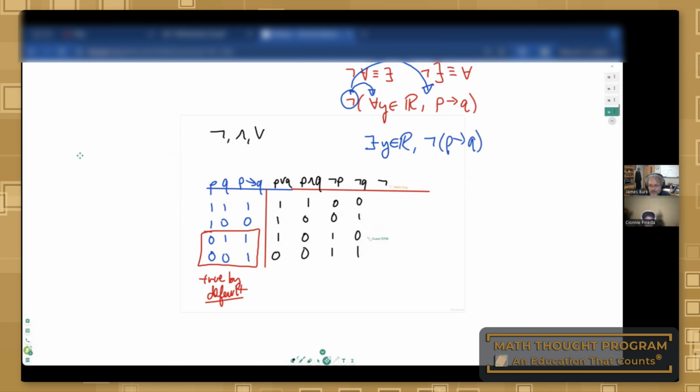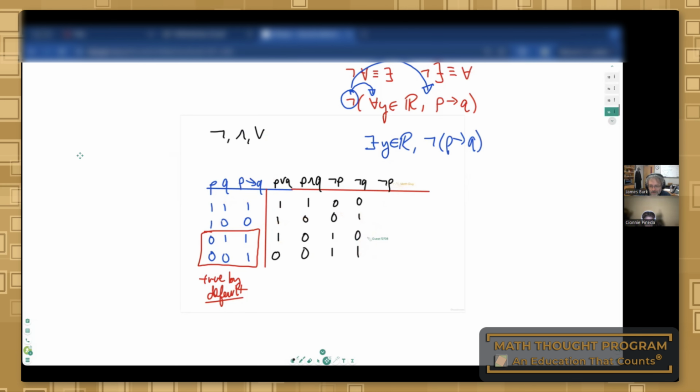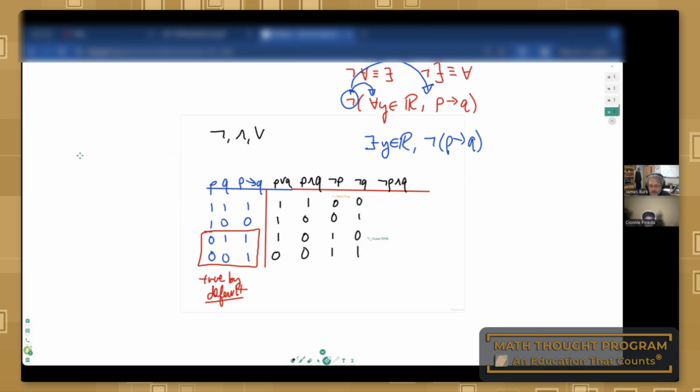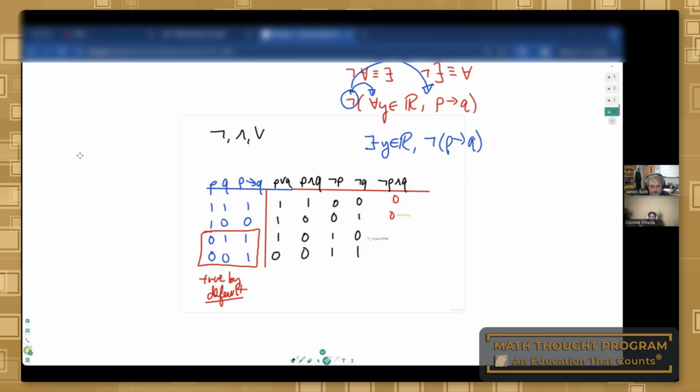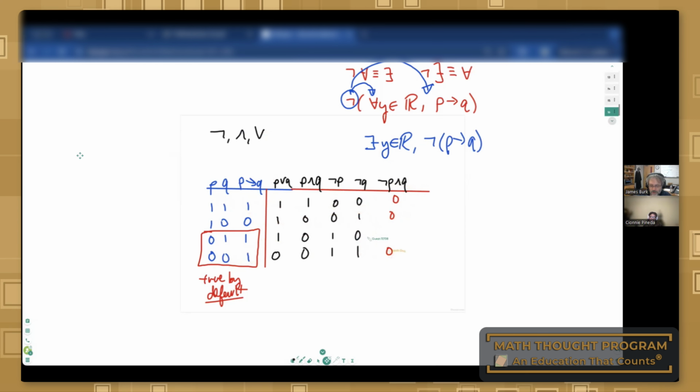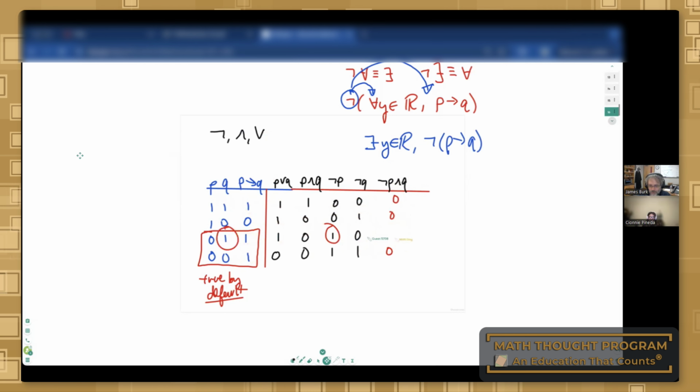And let's say I look at the negation of P and Q. Again, I take a look at this and that, but because I'm conjoining with falsehood, I don't care what's happening over here. I know it's automatically false. Likewise, that's false. The only time a conjunction is true is when they're both true.